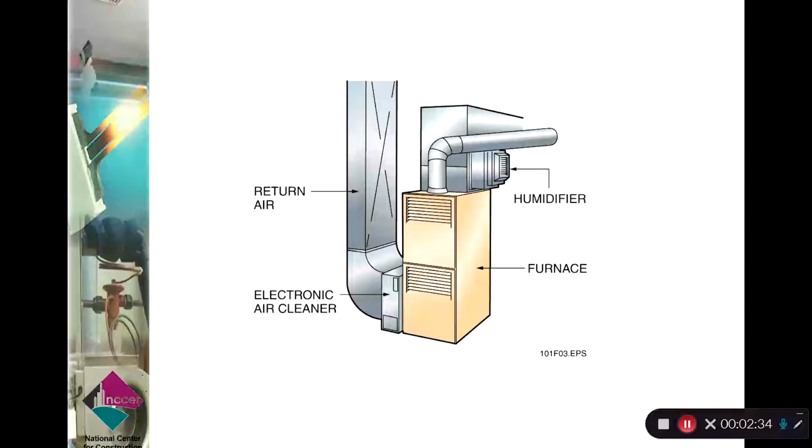Heads out the top, goes through into the room, gets distributed throughout the building, and comes down, returning at the bottom of the unit. And notice the electronic air cleaner, the filter, the air is always filtered in our systems before it enters our unit.